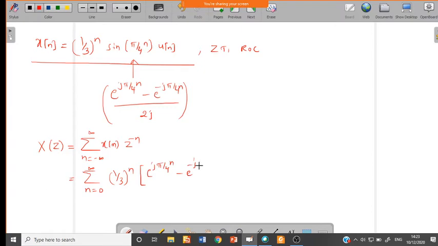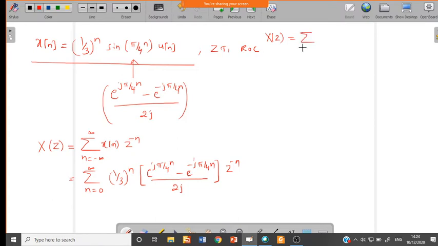So e^(jπ/4 n) divided by 2j into z^(-n). Okay, so now you can separately write the summations for this term and this term.